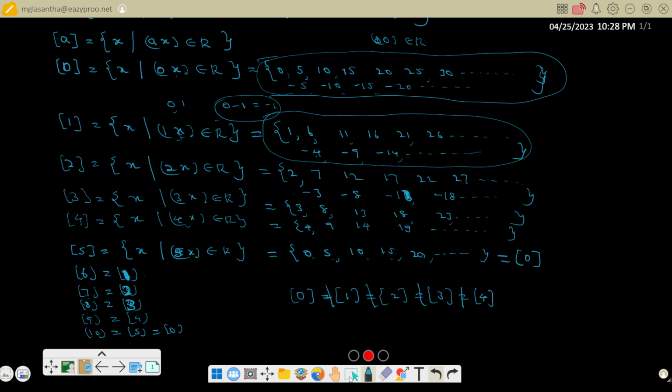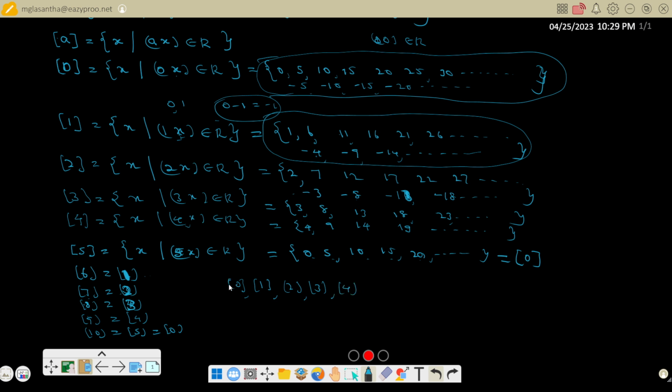I did not get why we put 5 equal to 0 at the last. Because you get the same set of elements. 1, 2, 5 minus 1, 0, 3, 4.